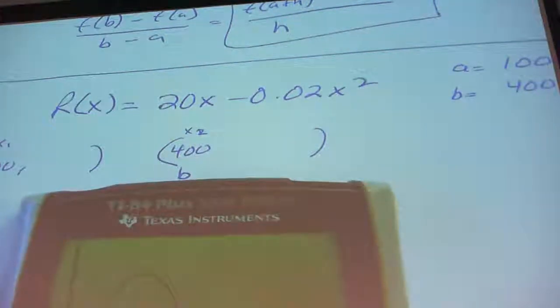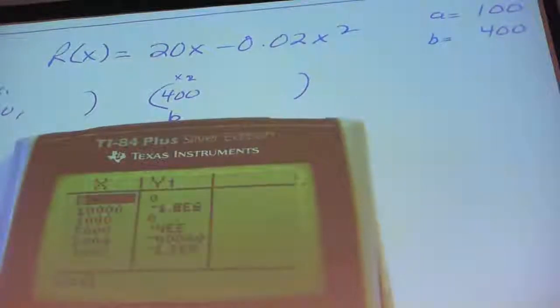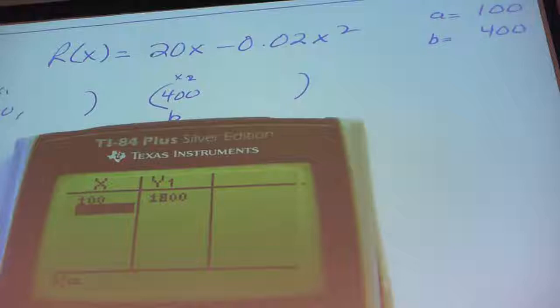So let's go to our calculator, go to y equals. In y1, we'll put 20x minus 0.02x squared and then if you go to the table feature, plug in 100, what do you get? 1,800.